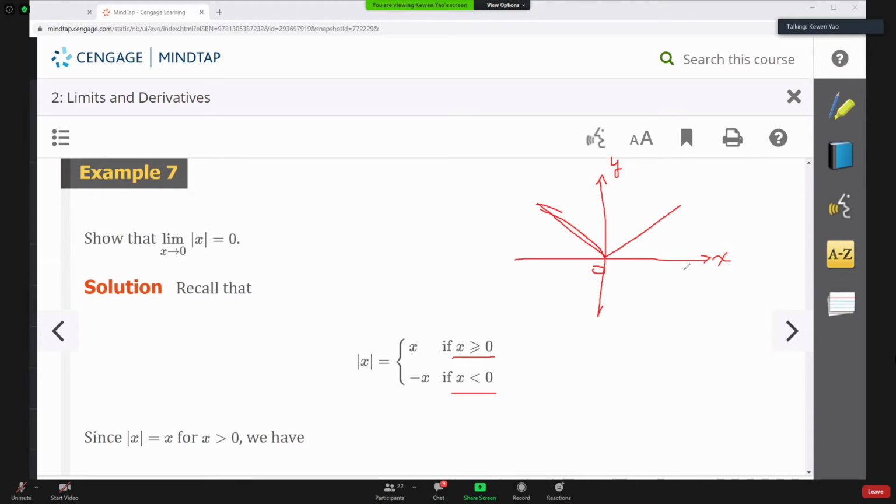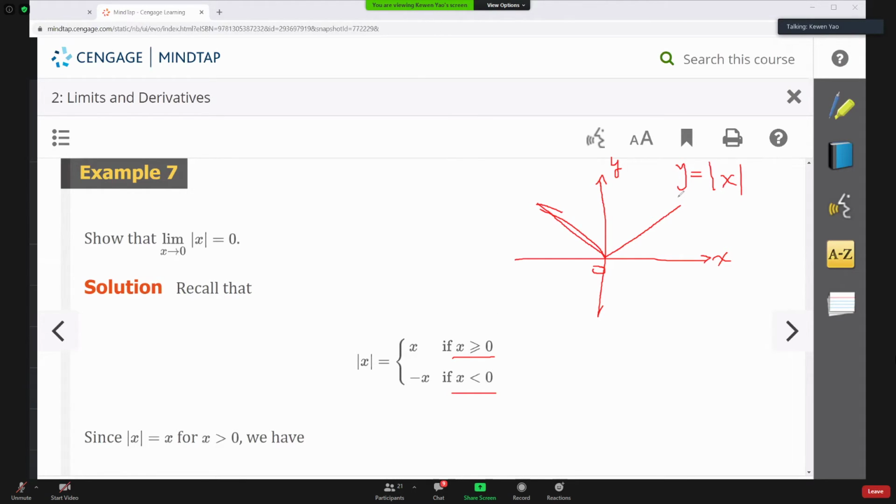Now this is like a V, so this is the graph for y equals absolute value x. We learned this in math level 26 or 25, right? The graph of y equals absolute value x is a V-shaped curve. This is y equals x for x non-negative, and y equals negative x for x negative. So this is the shape of this function.